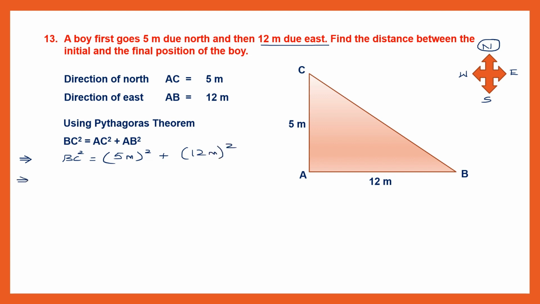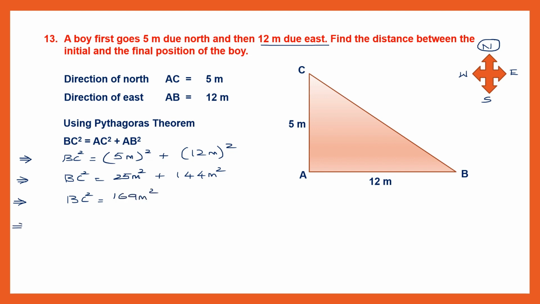So this is BC square is equal to 5 meters square means 5 into 5, that is 25 meters square, plus 12 into 12 is 144 meter square. So let's add up these two and see what we get. BC square is equal to 169 meter square.